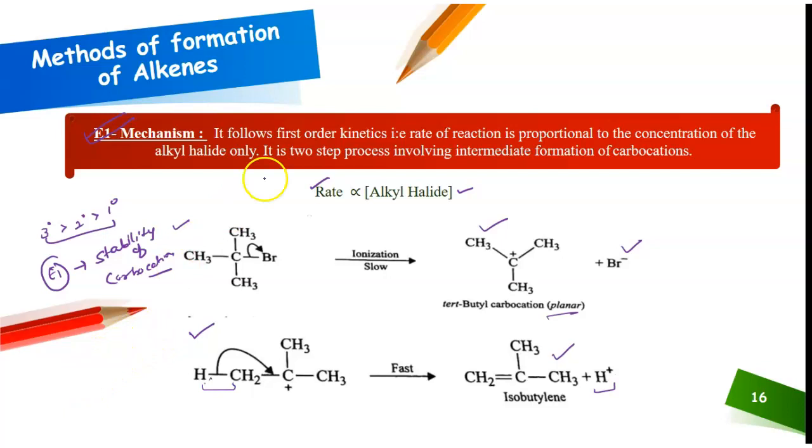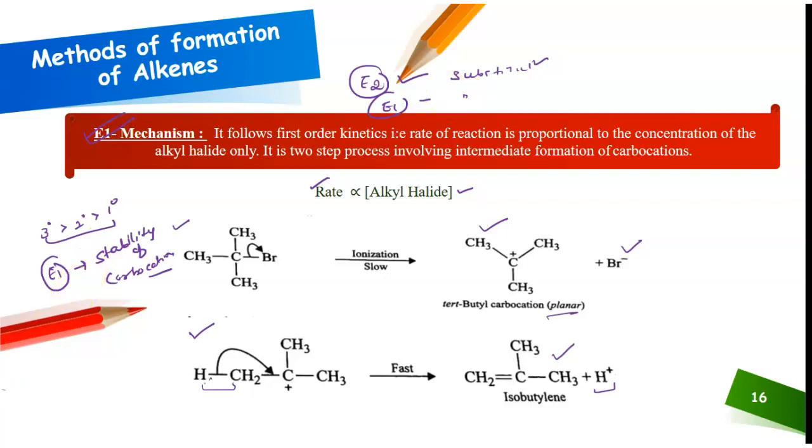And just like your E2 reaction, if I have not kept the point there, in your E2 reaction you get the substitution product along with the elimination product on the side, in the same way in the E1 mechanism too, you have chances of getting a substitution reaction and substitution product.